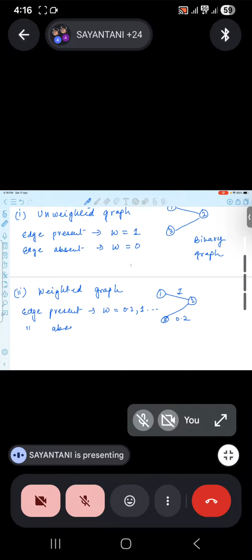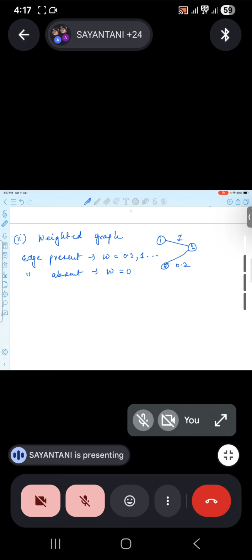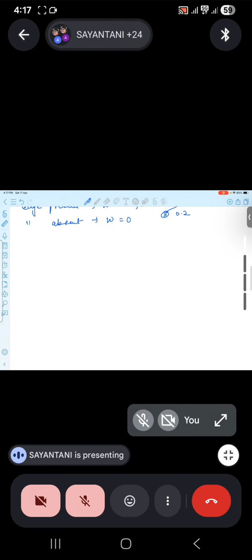And if the edge is absent, of course, the weight is always 0. So this is the category of unweighted and weighted graphs. What I explained right now equally applies for directed graphs also. Now there is another very popular concept in graph theory, that is the adjacency matrix.